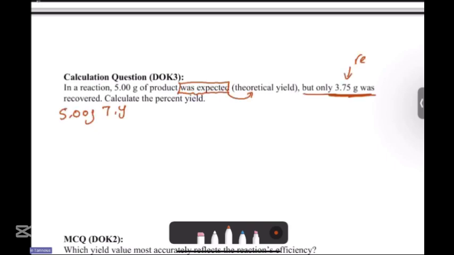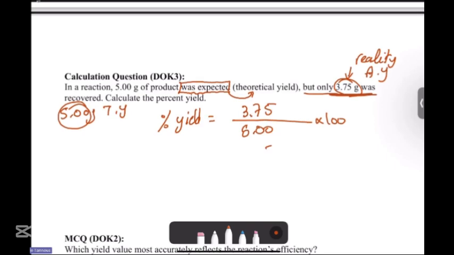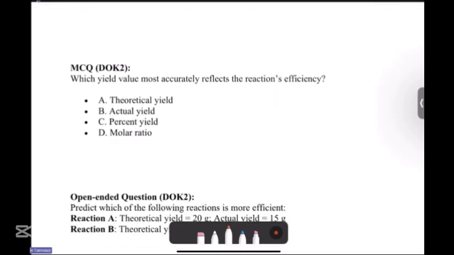That's what happened in reality. That's the actual yield. These questions are just direct application of the formula of percent yield. So the percent yield is the actual over the theoretical times 100. So the answer is going to be 75%. Also, this is a successful result.